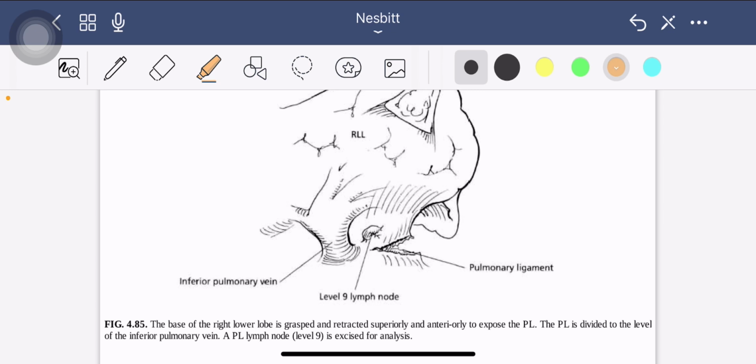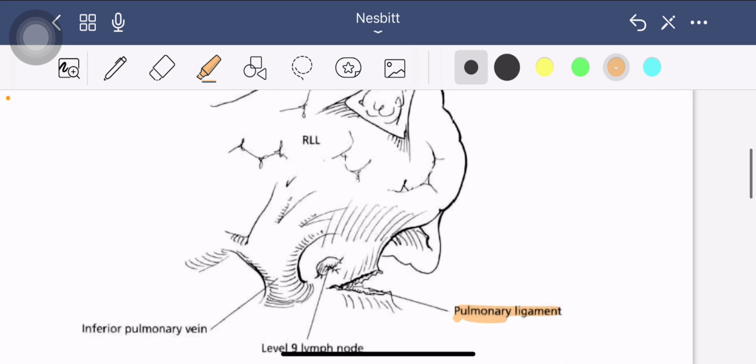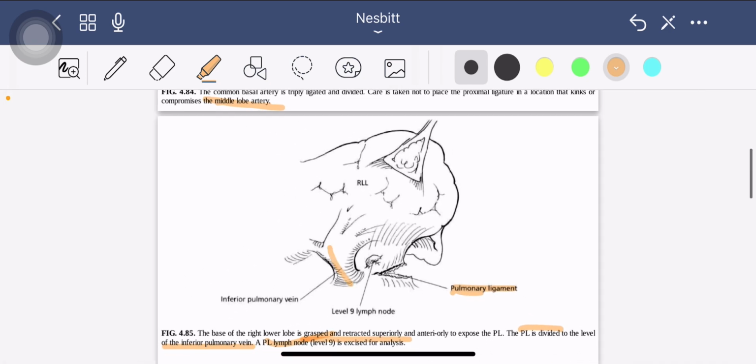Now the base of the right lower lobe is grasped and retracted superiorly and anteriorly to expose the pulmonary ligament. The pulmonary ligament is then divided to the level of the inferior pulmonary vein, and the level 9 pulmonary ligament lymph node station is excised for analysis.